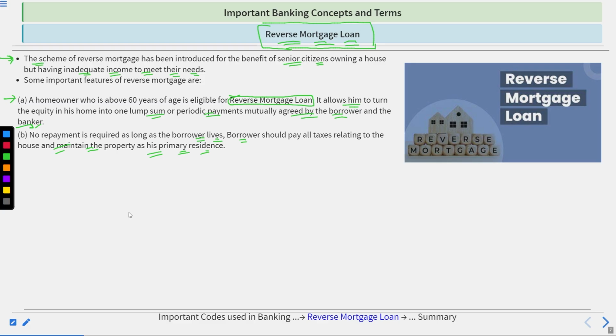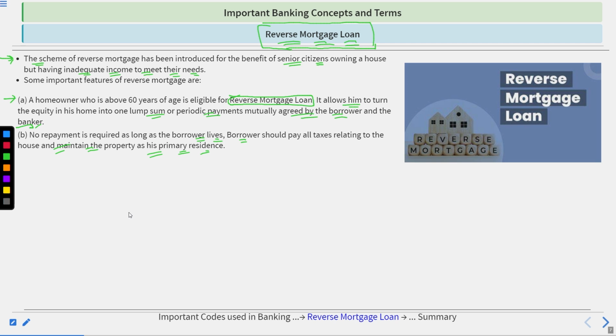Mr. X was holding a house but did not have sufficient income to run his home. Suppose his house was worth 40 lakhs. He submitted his house to the bank. Then the bank granted a loan to him. But that loan would not be granted in a full payment.